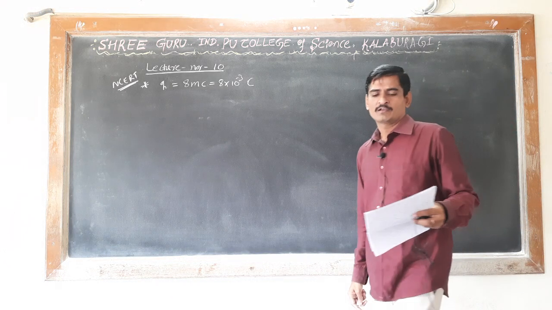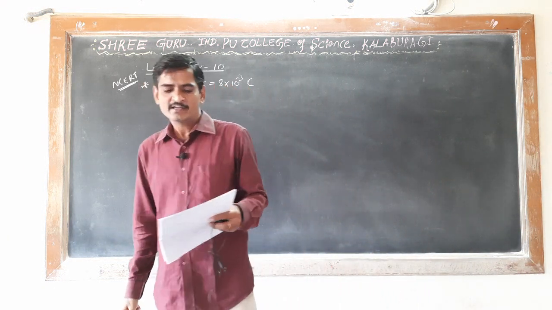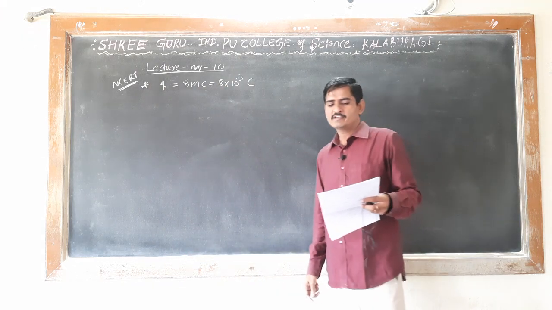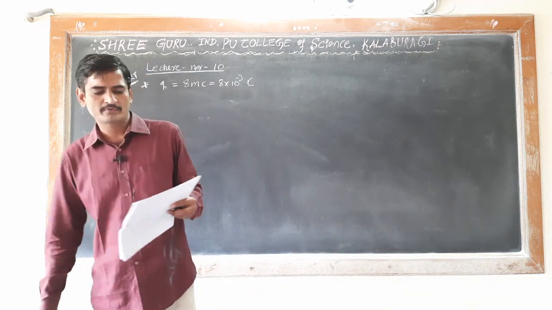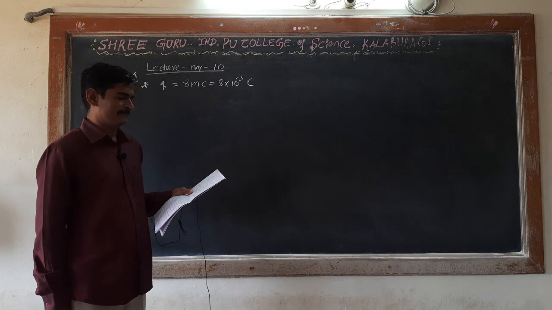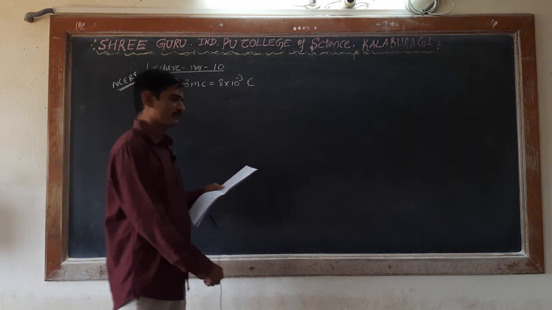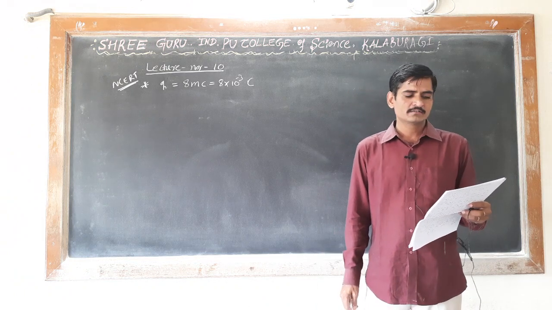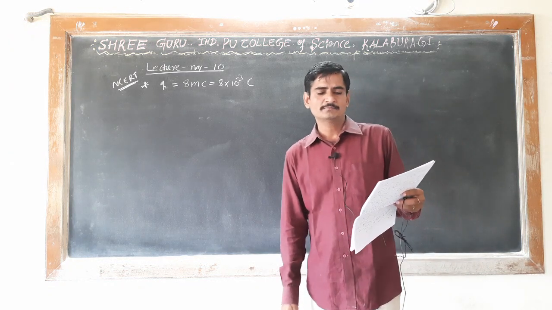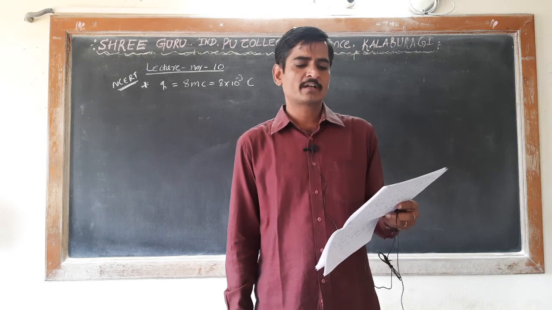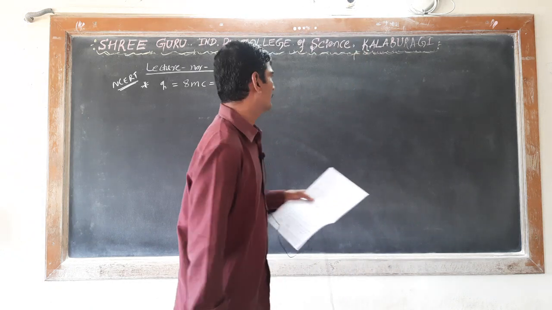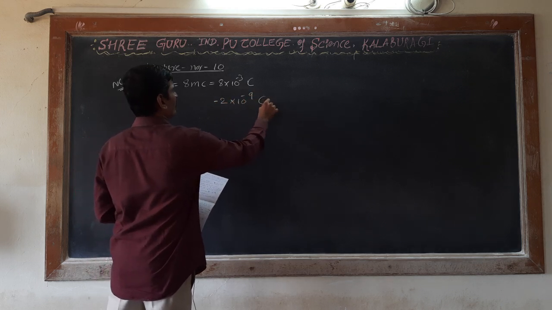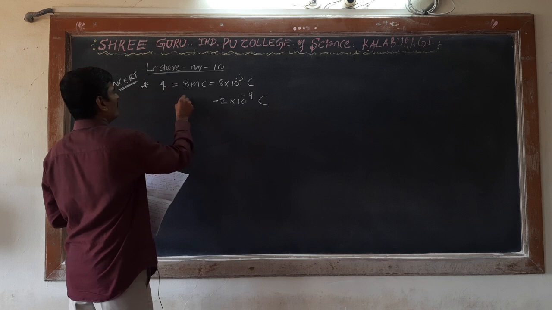Calculate the work done in taking a small charge of minus 2 into 10 to the power minus 9 coulomb.